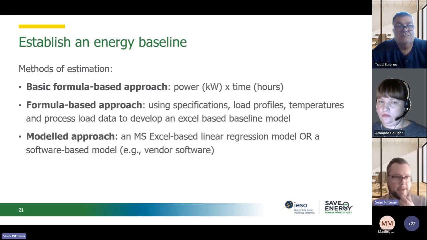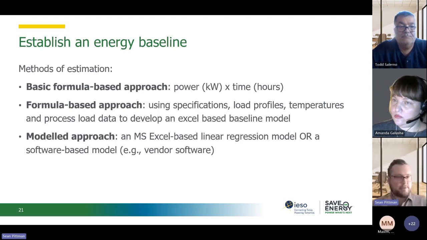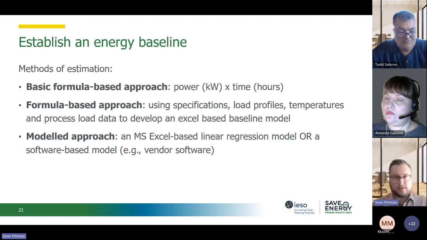We've broken it down here into three separate categories of methods of estimation for your baseline. Firstly, a basic approach, which is really back of the napkin, go or no go: power times time, maybe nameplate information only, how much energy it's using. If we could save 50%, is that enough money for us to make any investment into looking into this?